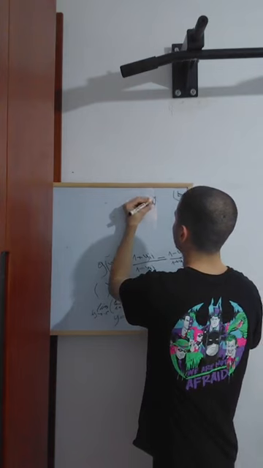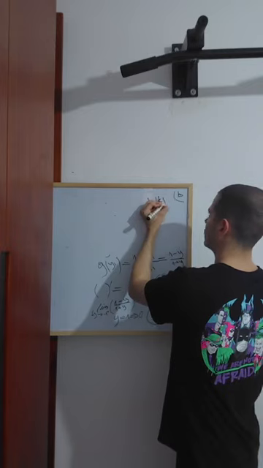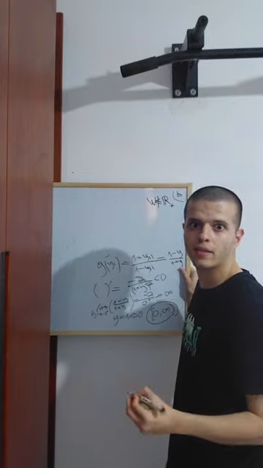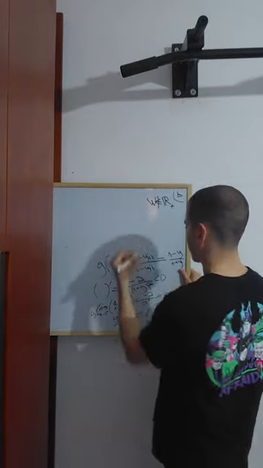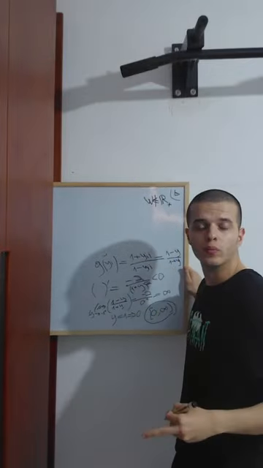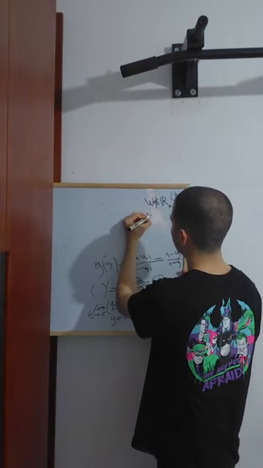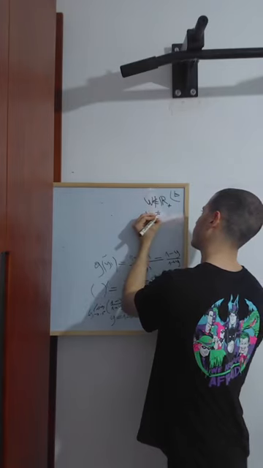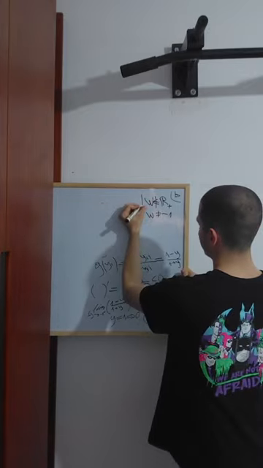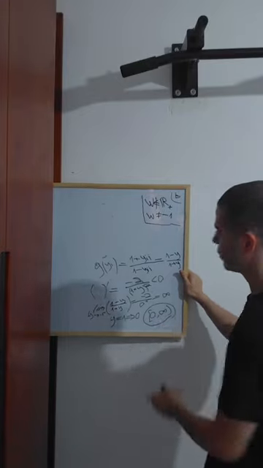So W doesn't belong to the positive real axis. Also, W can't be minus 1 because it will bring 0 to our denominator, so we say W doesn't equal minus 1.